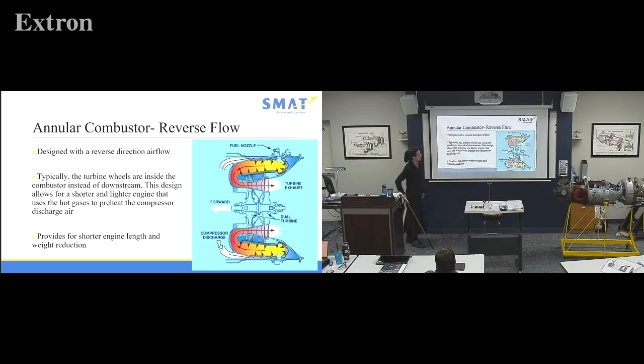Here, they tuck the turbines right in between the combustor. And that allows for shorter and lighter engines that use the hot gases to preheat the compressor discharge air. So you're also helping out that burning to happen at the right temperature. And yeah, shorter engine and weight reduction.